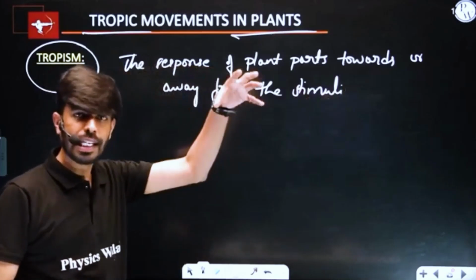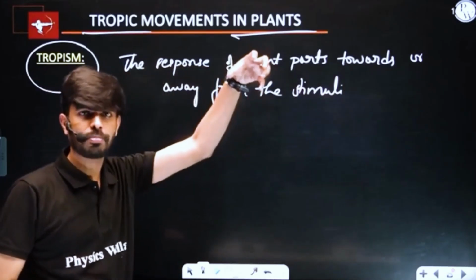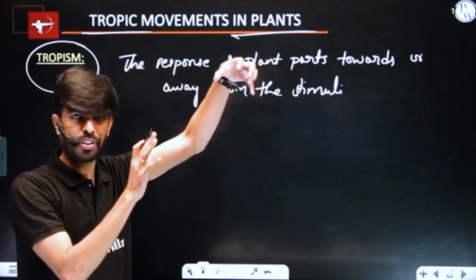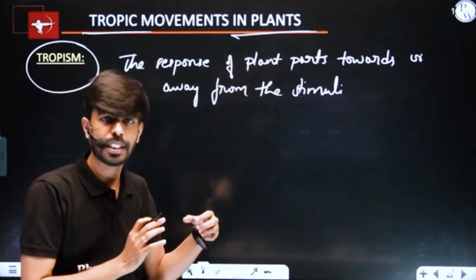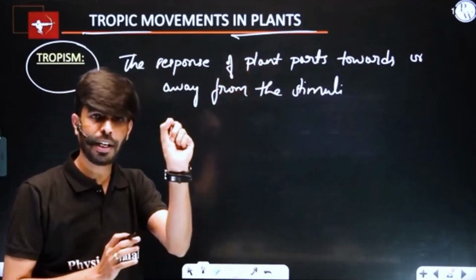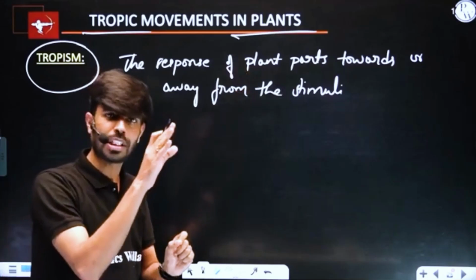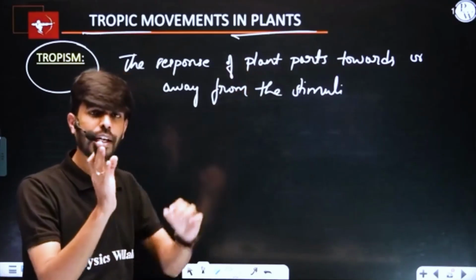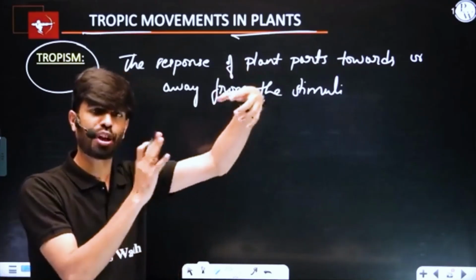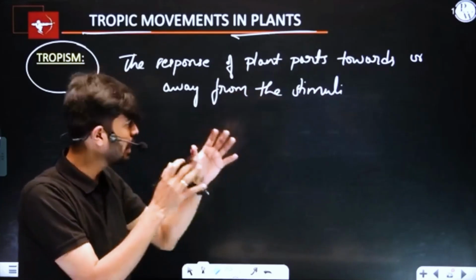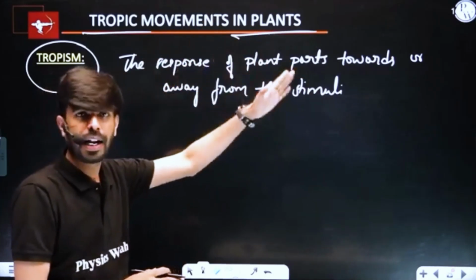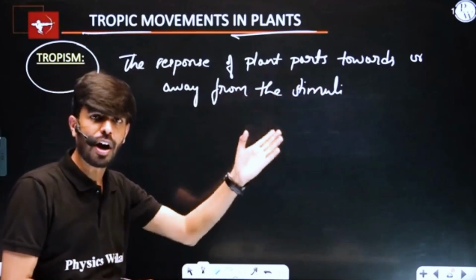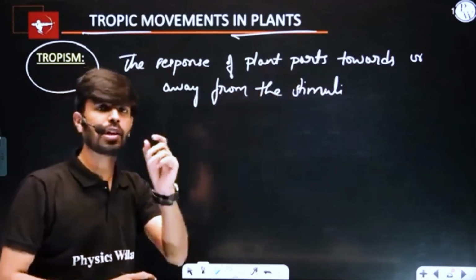Light is the stimulus. Plants show the response by bending their stem towards the light. Light is the stimulus, and bending their stem towards the light is the action, which is the response. This kind of movement that occurs in plants, either away or towards the stimuli, is called tropism.